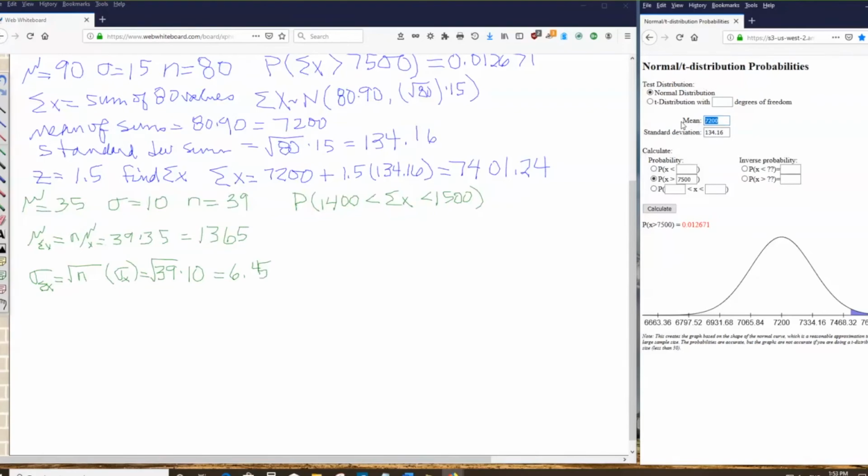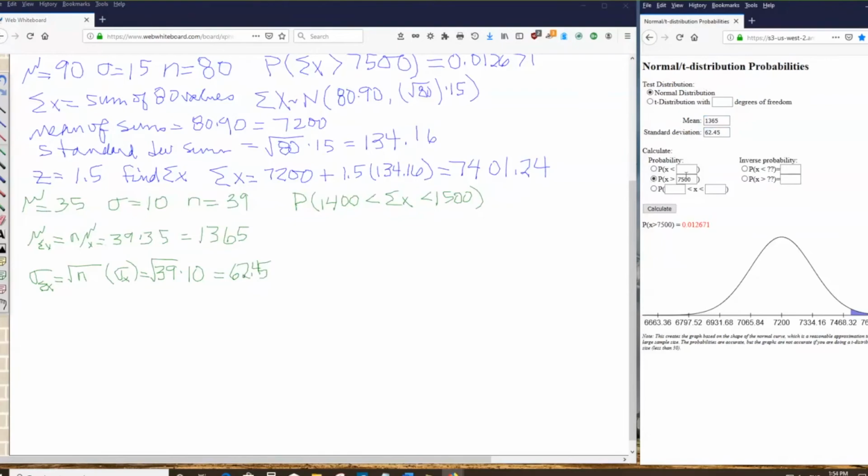The mean is going to be 1365. Standard deviation, oops, I left some numbers out. That should be 62.45.